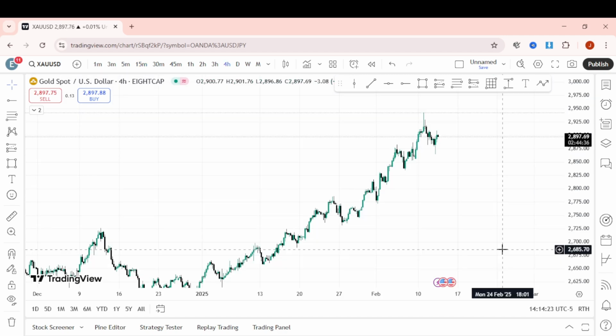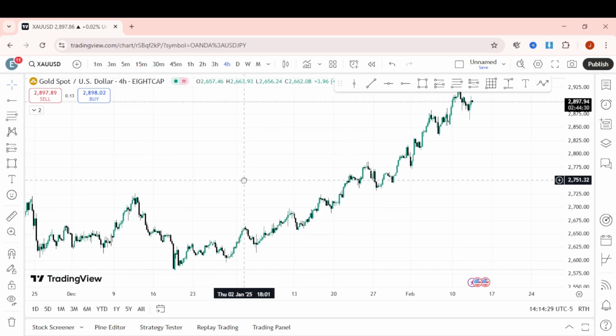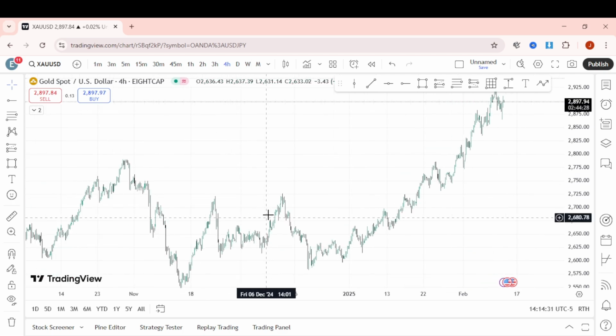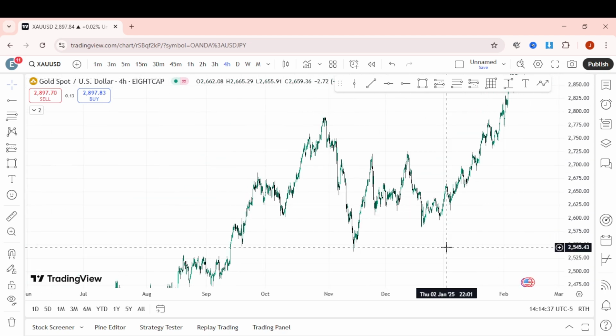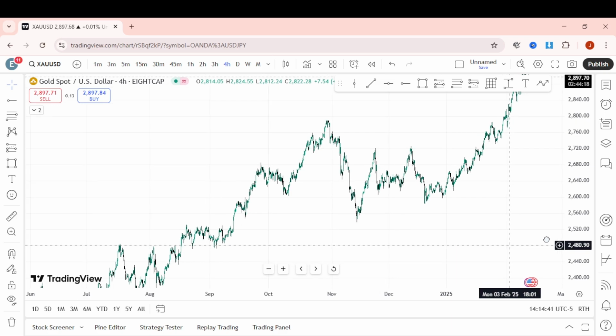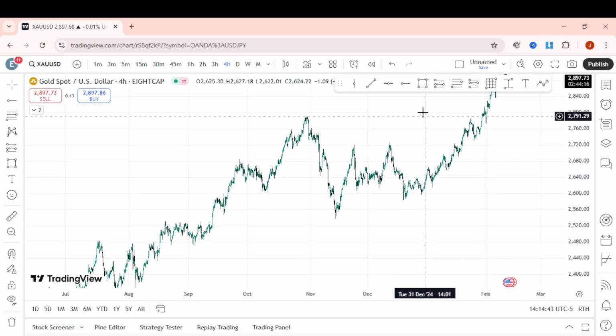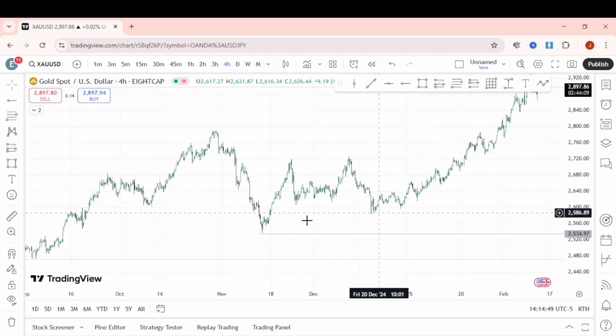Okay, so I'm gonna move on to the next example. This is gonna be the last on low time frames, and this is a 4-hour chart, still gold. So this particular setup, I just want to show you guys. Let me just try to see if I can find it. It should be right here. So let's check it out.